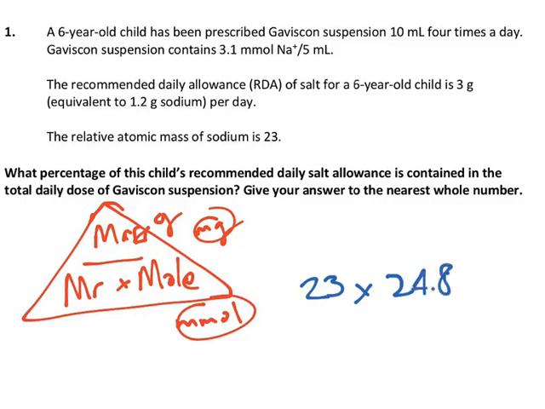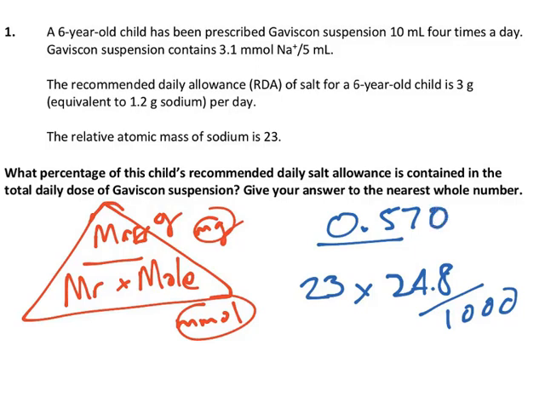Okay, and then the answer divided by 1,000 so that we can get grams. Or alternatively, I could just divide this by 1,000. So right here, we're dividing by 1,000 and multiplying by 23, and that's going to give us our answer in grams, not milligrams this time. And the answer is 0.5704. Okay, so we have our grams.